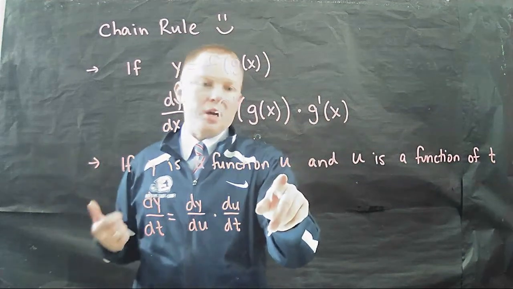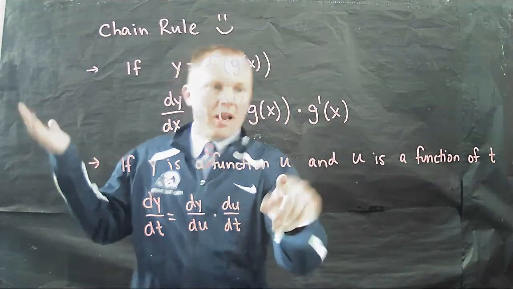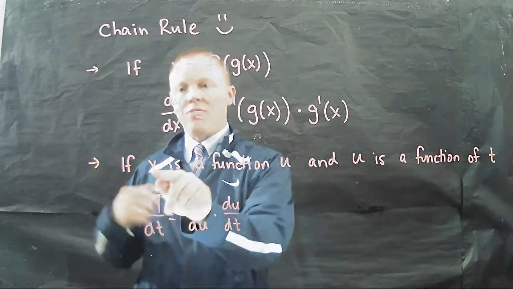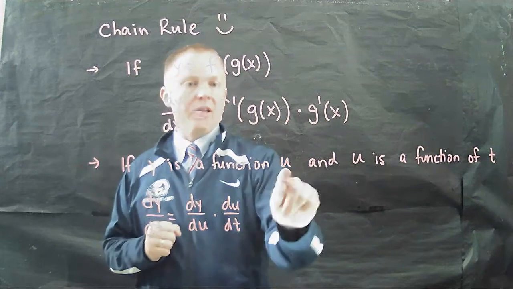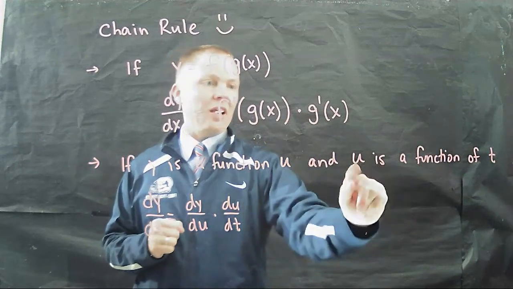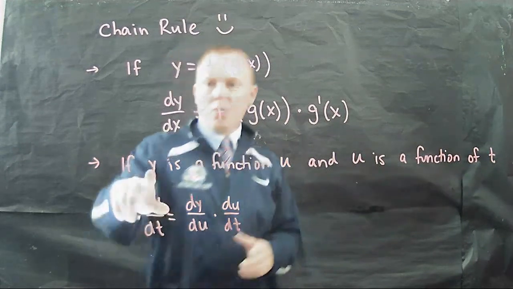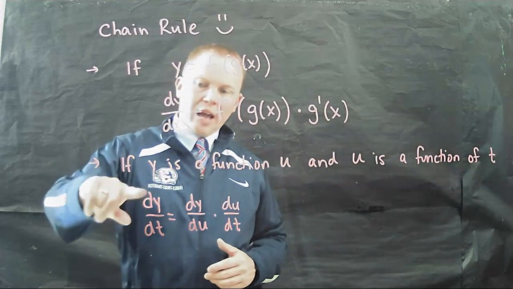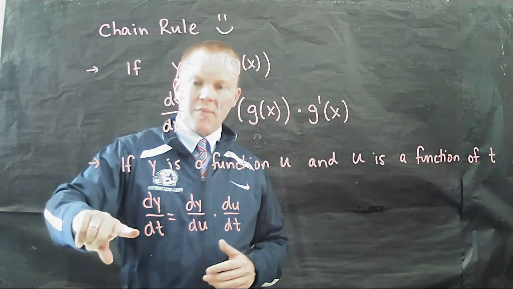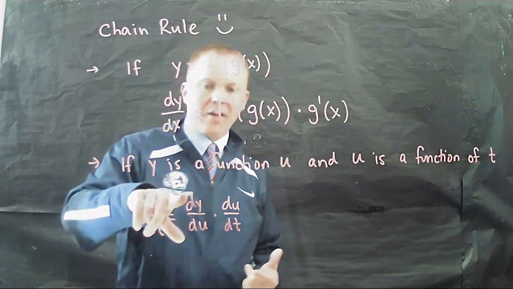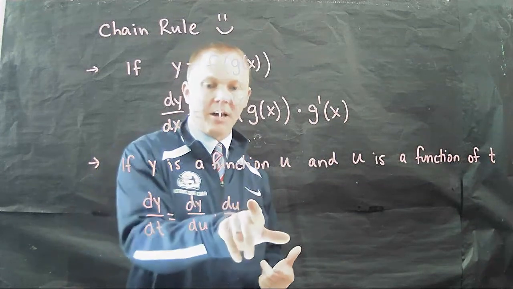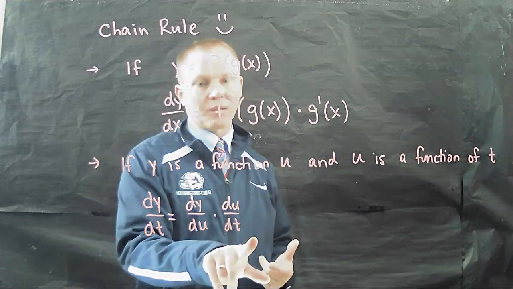Maybe u is height, and then that height is a function of time. So maybe y represents area, is a function of height, and the height is changing with time. What this is actually saying is, how's your area changing with respect to time? Well, you first find out how your area is changing with respect to height, and then multiply that by how your height is changing with respect to time.